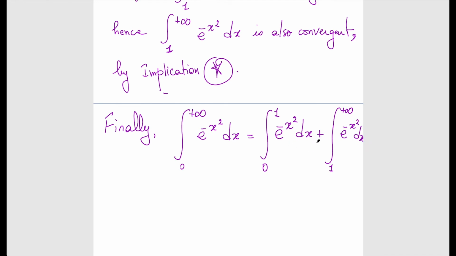Correct? Why can you write this? You can write here, this is the limit from 0 to t, where t goes to infinity, correct? And then it goes from 0 to 1, and then from 1 to infinity.